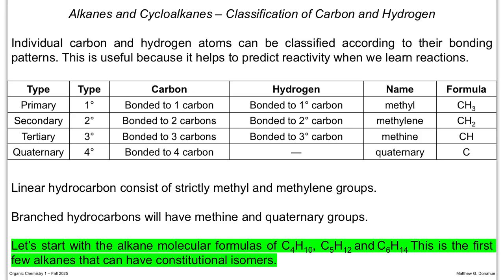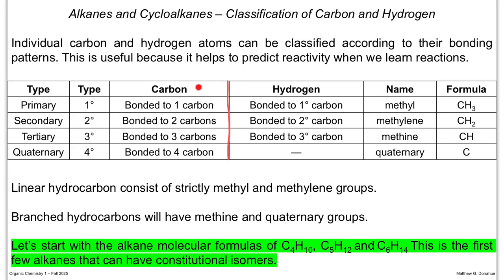So we use these, I'll draw a line right here. So primary, secondary, tertiary, and quaternary. Those are the words. Those words can be represented as numbers with that little degree sign.